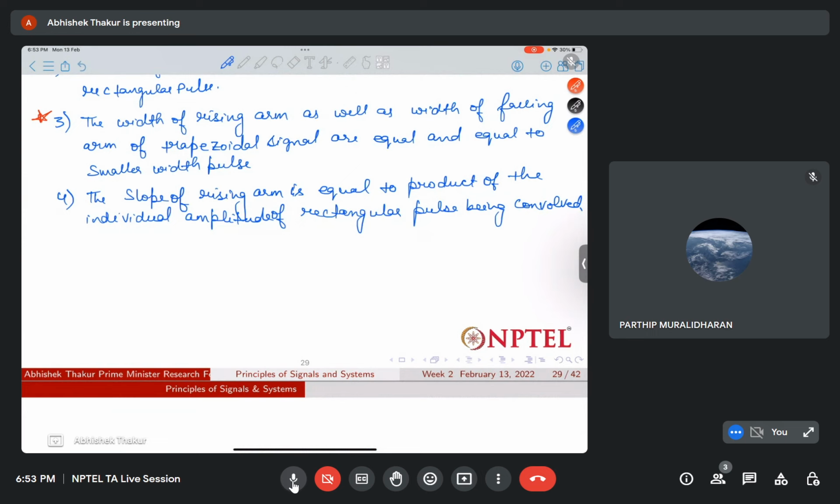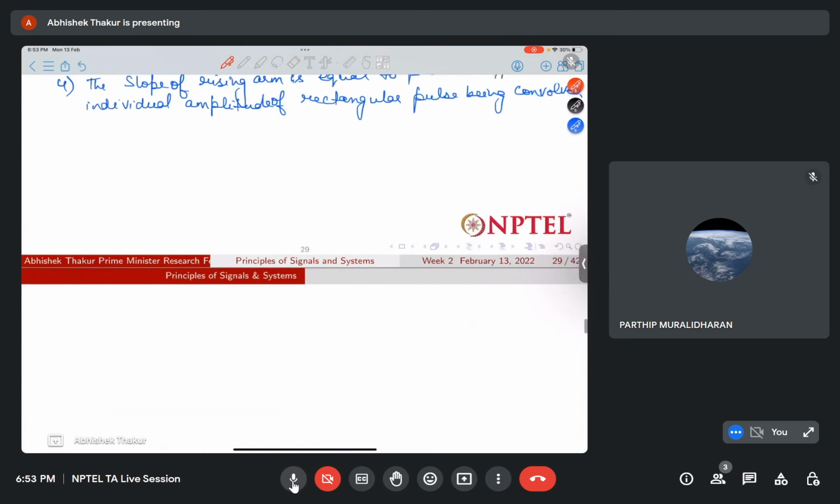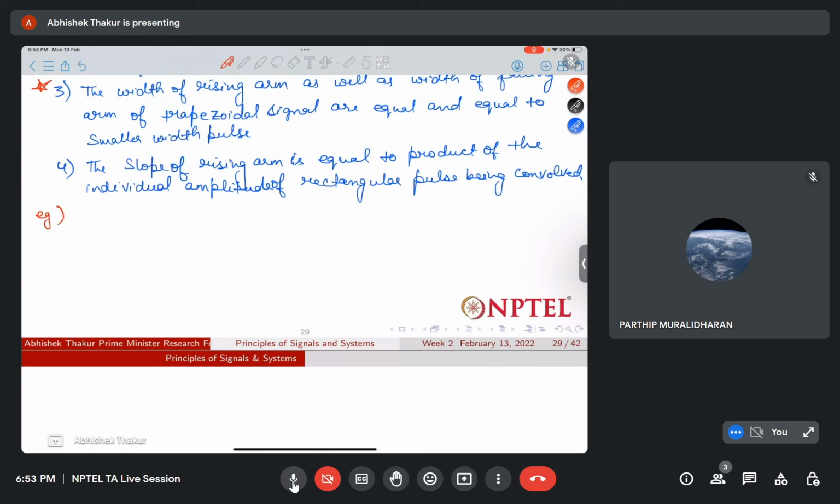So now we will see a few questions. Let's solve one question based on this. Here x1(t) is from minus T to plus T, amplitude is A1.